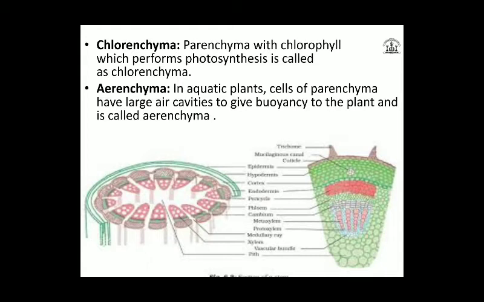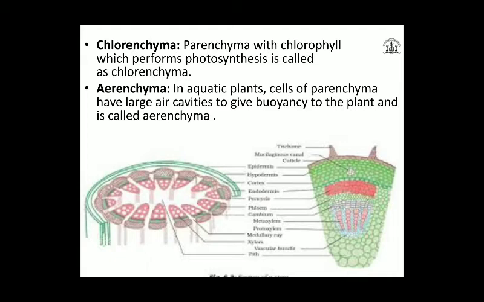Such parenchyma tissues are called aerenchyma. The image below shows you the structure of the parenchyma simple tissues.